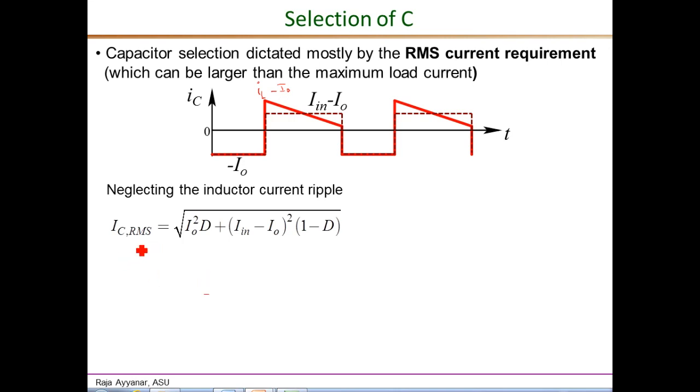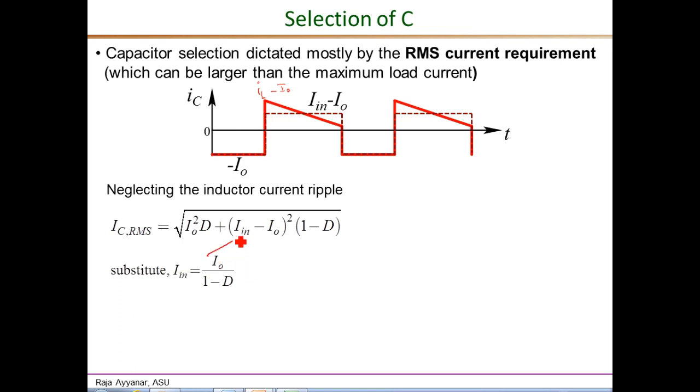Now we can get the expression for the IC RMS completely in terms of the load current IO and the duty ratio D. In order to do that, let's substitute for IN the expression in terms of IO, which is IO over 1 minus D, which comes from power balance.